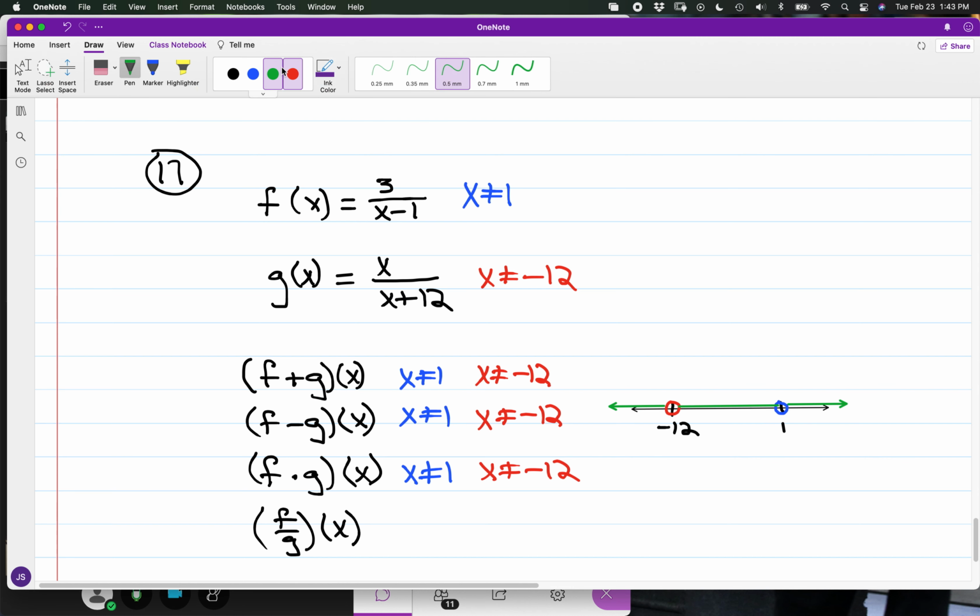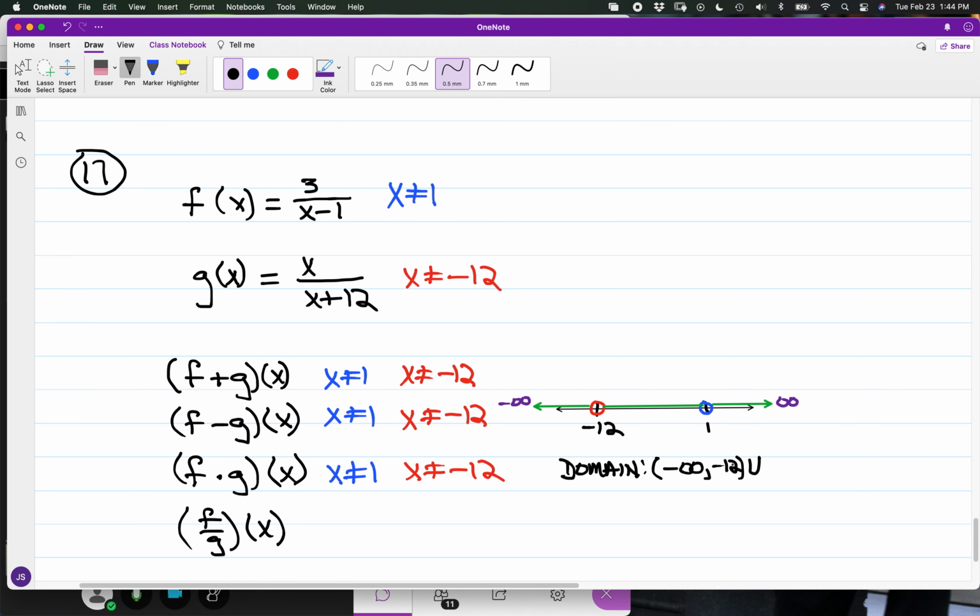Okay, so regarding the limits, for the sum, difference, and product functions, the domain results in those values of x less than negative 12, along with those values of x between but not including negative 12 and 1.